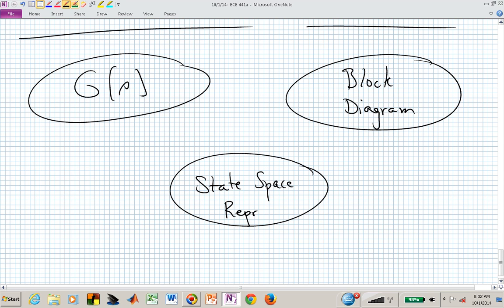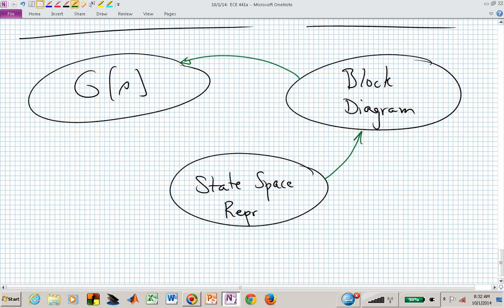How would I go from block diagram to G of S? Block diagram algebra, or Mason's gain. How do we go from a state space to a block diagram?